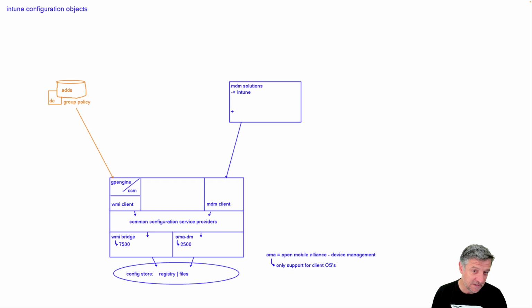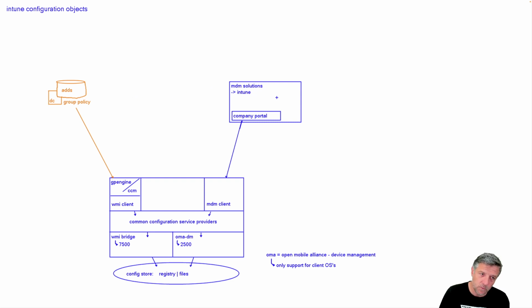Intune itself has a component here, which is the company portal, the interface for communication like this. The mobile device management client also sends back to Intune data that has been gathered by the client.